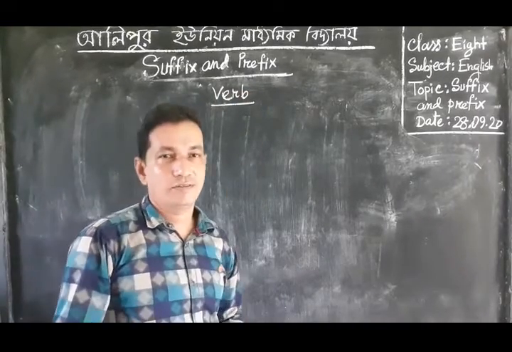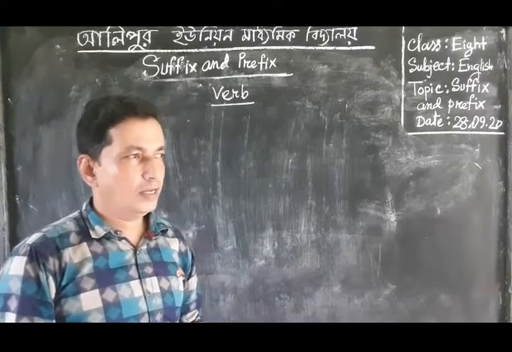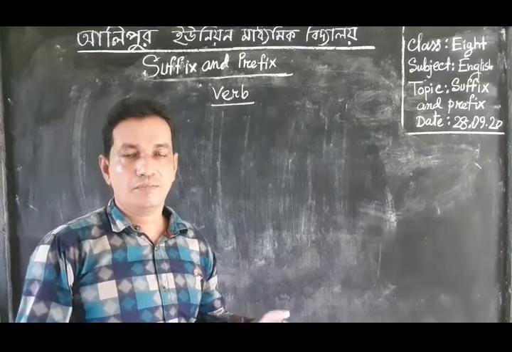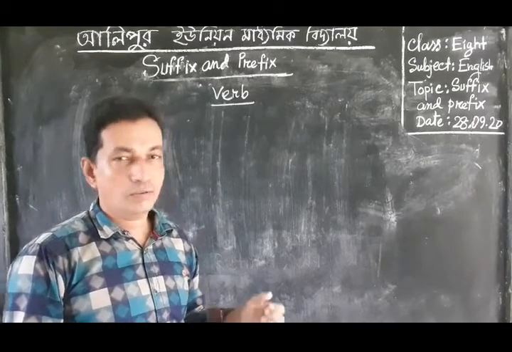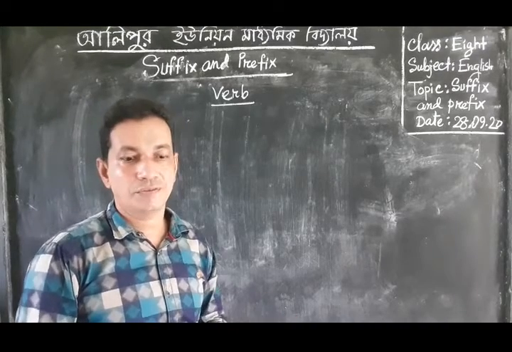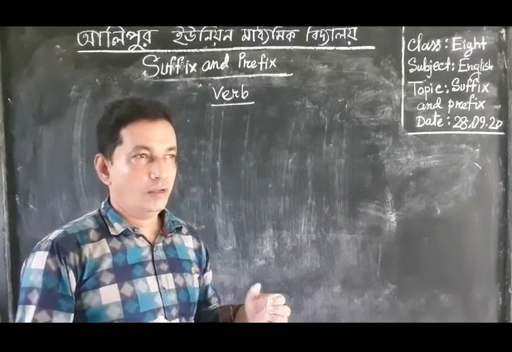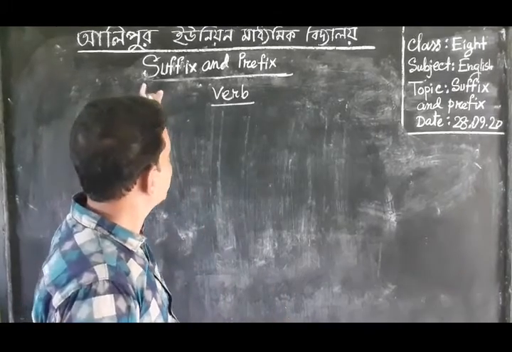Verb generally sits after the subject. Dear learners, there are different kinds of verbs in English grammar. But today we will not discuss all the verbs at a time because our time is distributed into suffix and prefix.